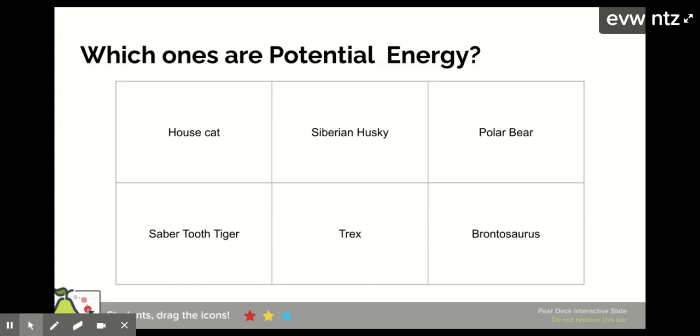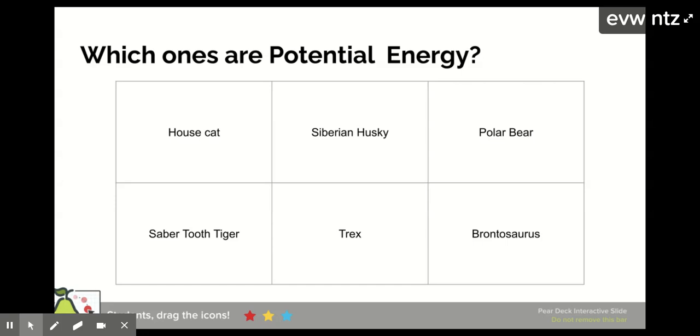All right, is a house cat extinct? No, it's not. I have proof at home that house cats are not extinct. What about a saber-toothed tiger? Yes, saber-toothed tigers are extinct. What about a Siberian husky? Nope, those aren't extinct. A T-Rex, Tyrannosaurus rex.